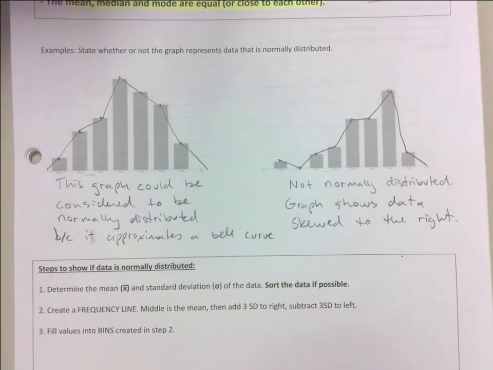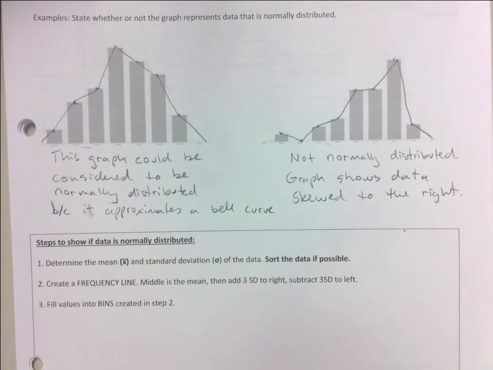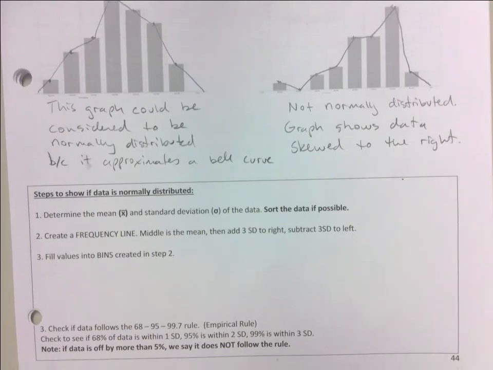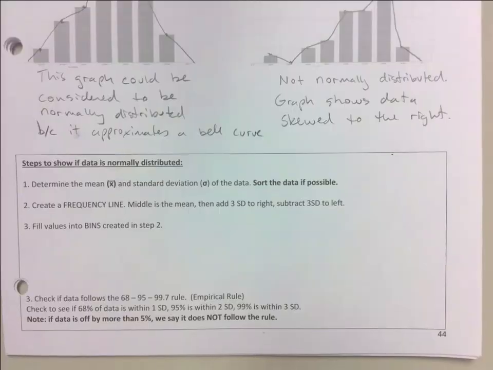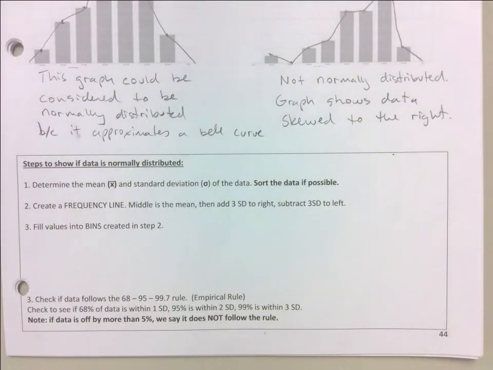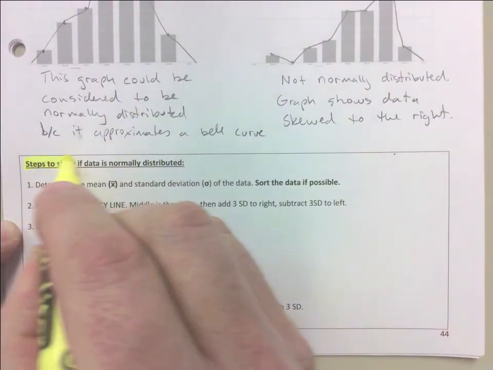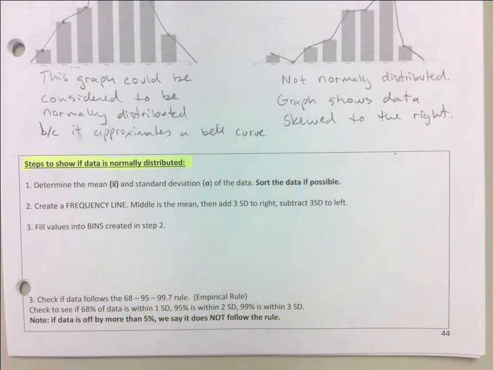All right. Steps to follow when you want to check, if I ask you to check whether or not data is normally distributed. These are just because students asked for steps. Students love steps, okay?